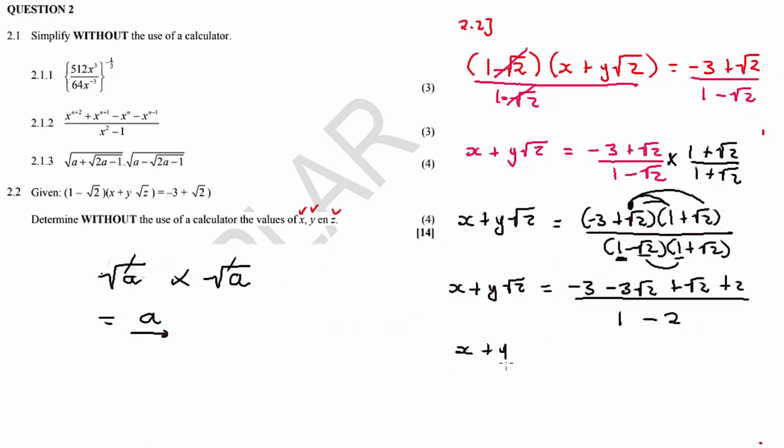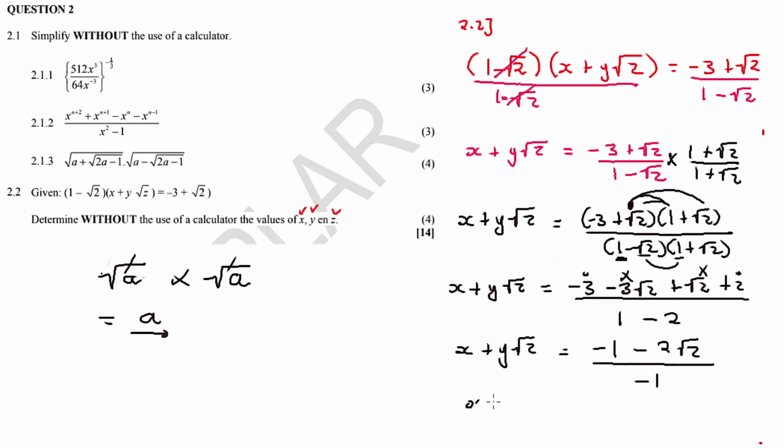Then it's x plus y square root z is equal to, la phezulu kunama like terms, wena and wena you are like terms, so bano minus 1. You and you are like terms, so bano minus 2 square root 2 divided by 1 minus 2, that's minus 1, right? Minus 1.